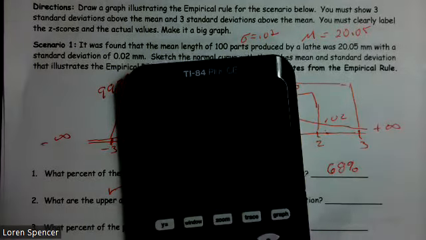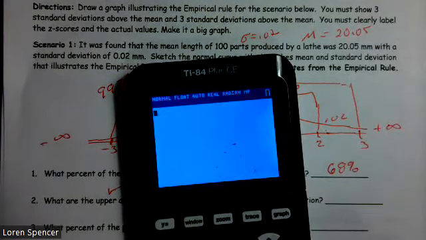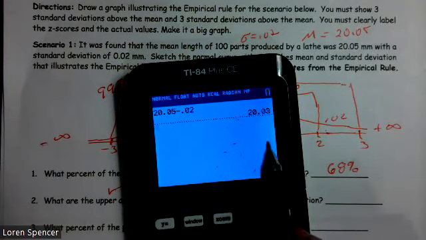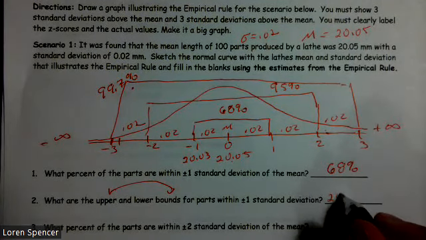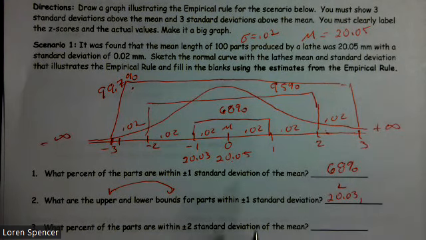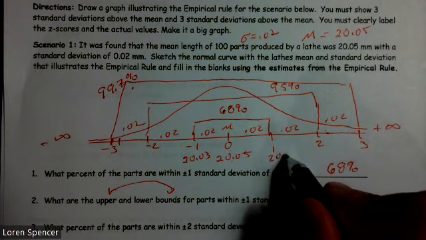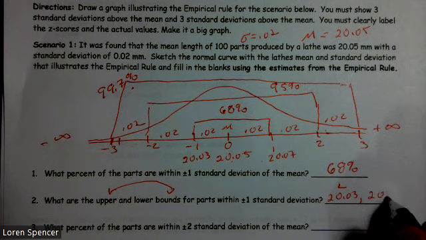So that's my lower bound. I'm going to label it L. I'm going to add 0.02 to this, and I get 20.07, and that's my upper bound.